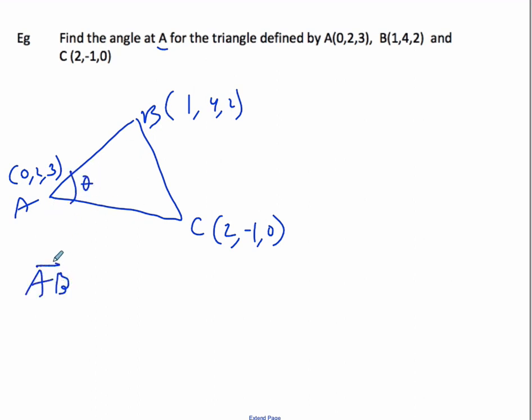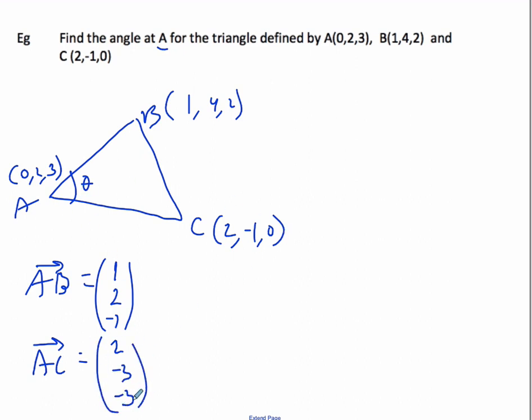So AB is 1 minus 0 is 1, 4 minus 2 is 2, 2 minus 3 is -1, and AC equals 2 minus 0 is 2, -1 minus 2 is -3, 0 minus 3 is -3.